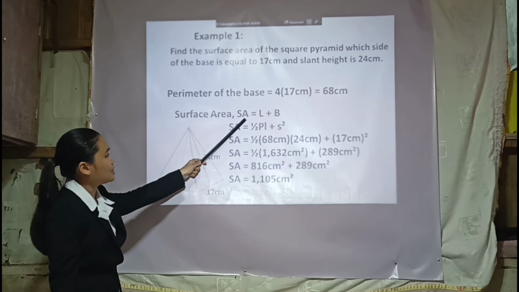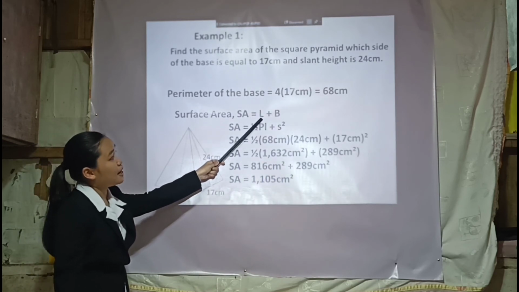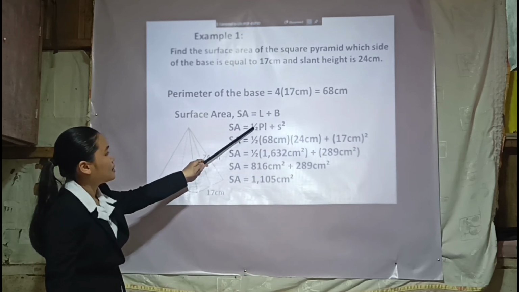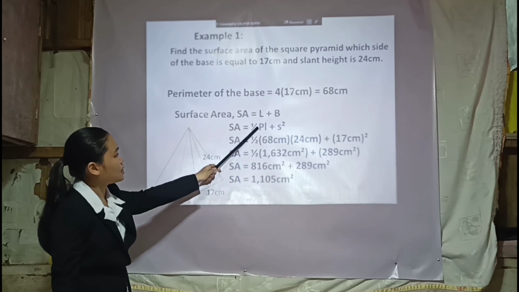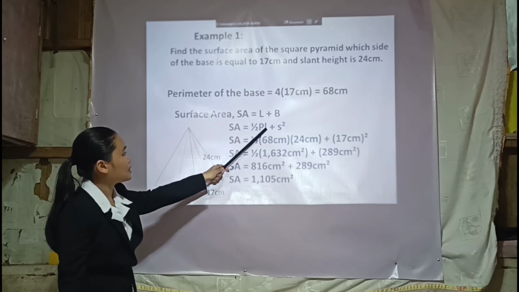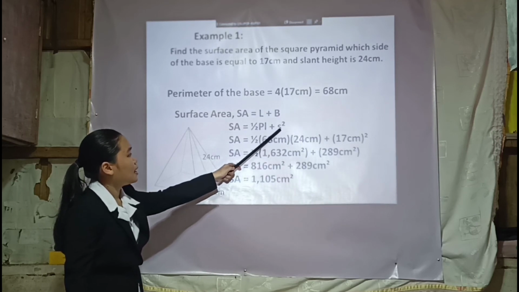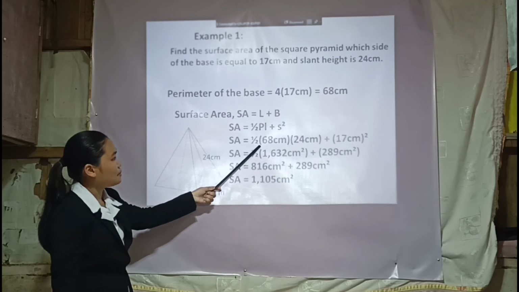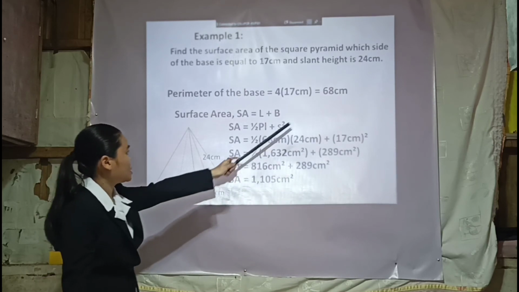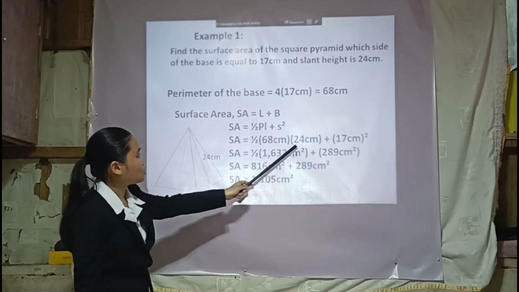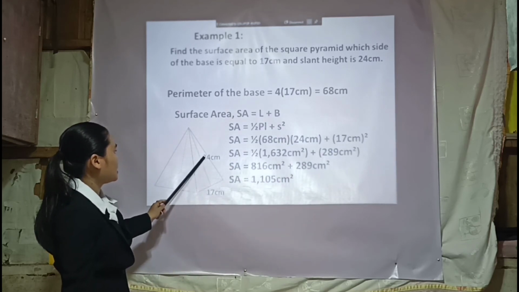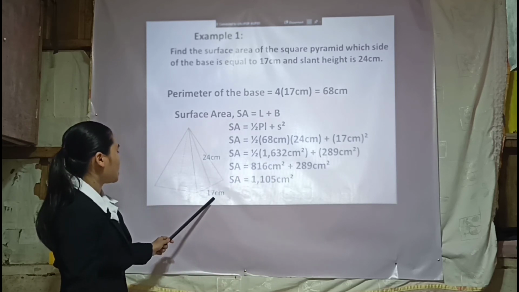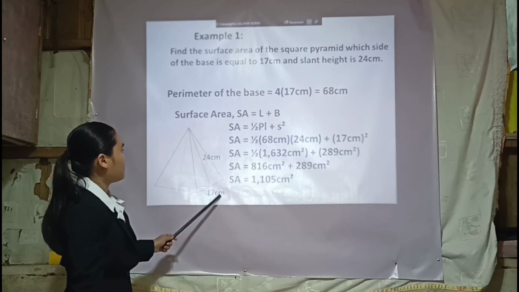Surface area, or SA, equals lateral surface area plus base. Surface area equals 1/2 times perimeter times slant height plus S squared. Surface area equals 1/2 times 68 cm, which is the perimeter, times 24, which is the slant height, plus 17 cm squared, which is the side of the base squared.